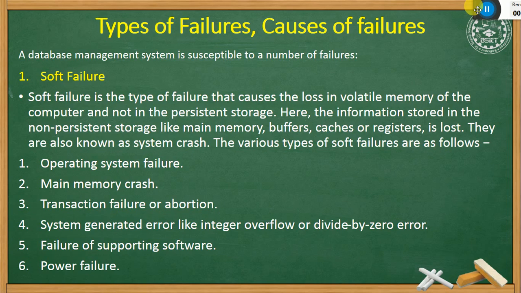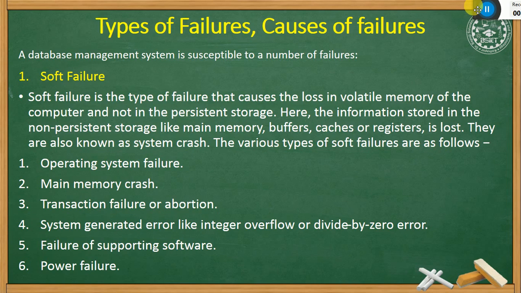So first point, what are the different types of failure and what are the causes of database loss? So basically there are three reasons behind data loss, or data getting damaged. First is software failure.